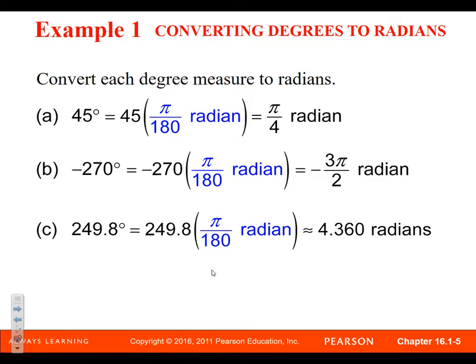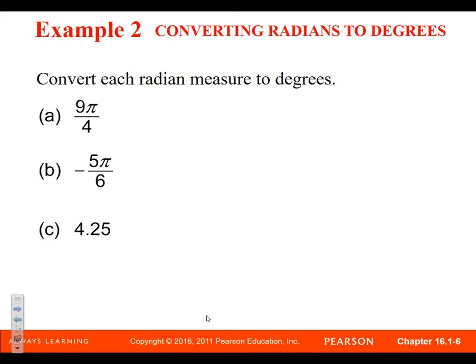When I try to divide 45 into 180, I get 25. Multiply by pi now. There should be a pi button. This is radians. Go the other way now, to degrees.